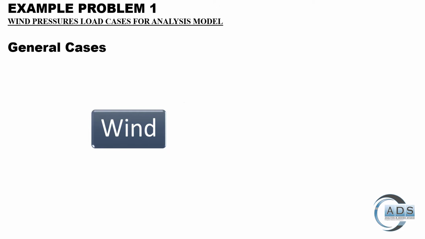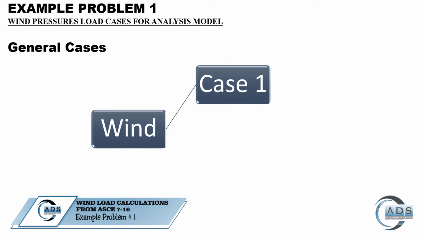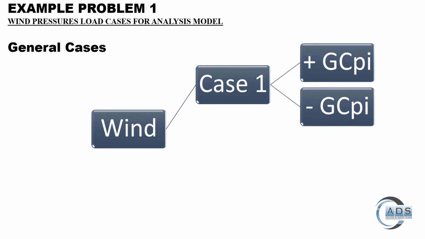Now, how to combine these wind pressures? When wind is blowing, all surfaces, whether windward, leeward, side walls or roofs, are getting the wind pressure or capturing it simultaneously. So how to combine these cases? Generally wind has case 1 and case 2, because in the roof part there are two cases. Case 1 has positive GCpi or negative GCpi.